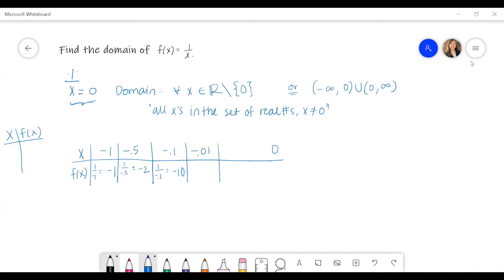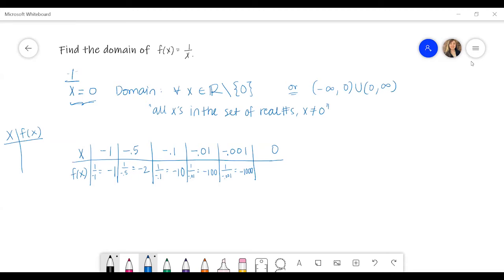This is a common practice you're going to see more and more of, especially as we get into limits and all that good stuff later. As you plug this in, 1 over -0.01, you get -100. Can we go one more? -0.001, 1 over -0.001, and you get negative 1,000.